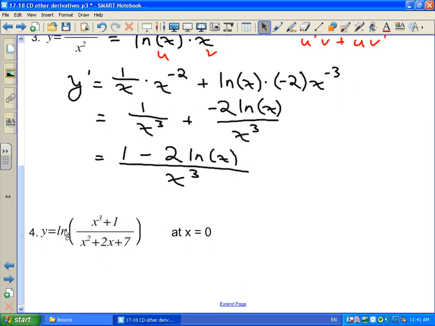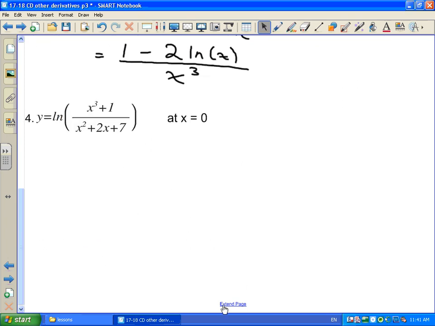Okay. So the last one here is a little tricky. We want to find the derivative of y equals ln of (x cubed plus 1) over (x squared plus 2x plus 7). And we want the value of this at x equals 0.